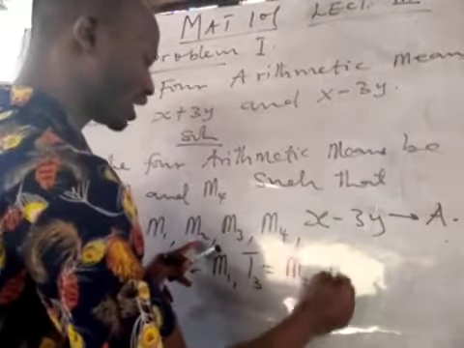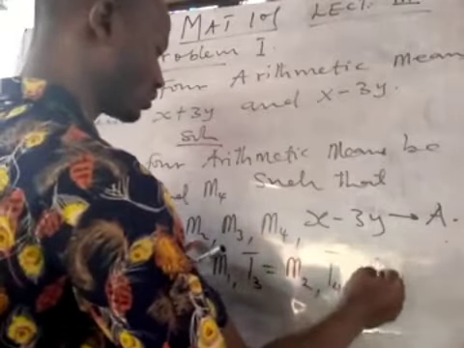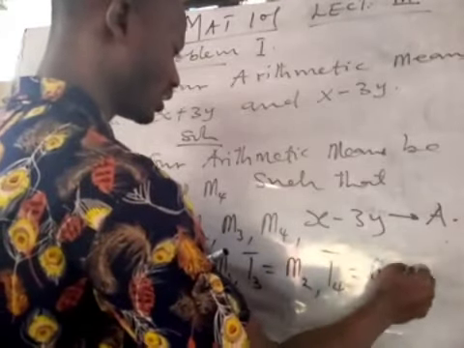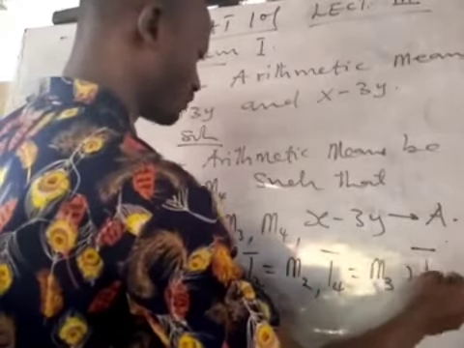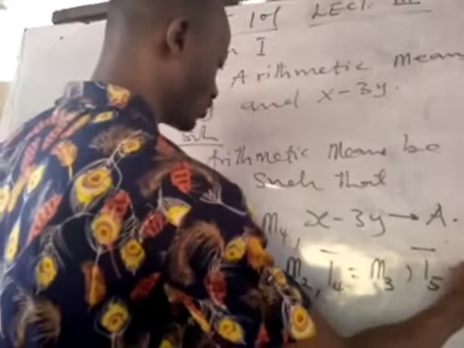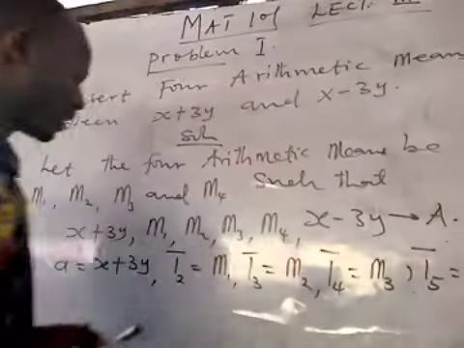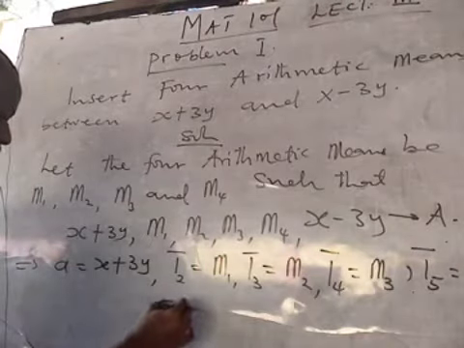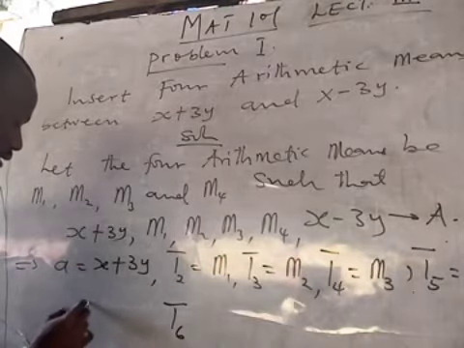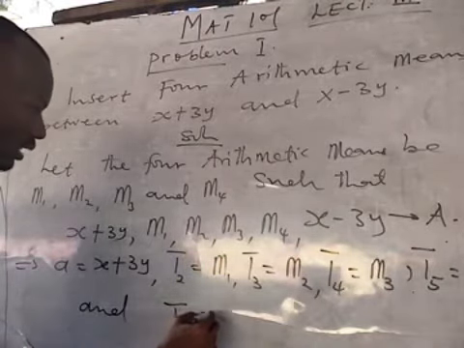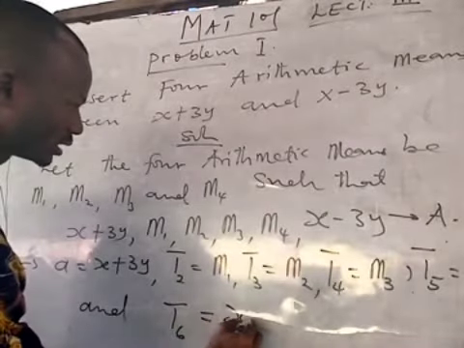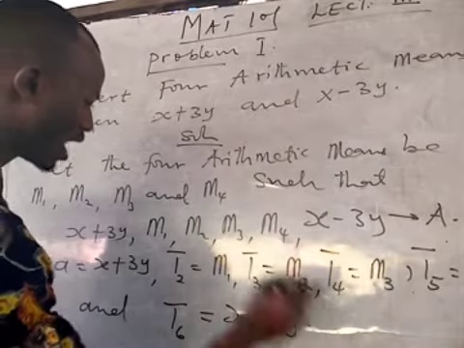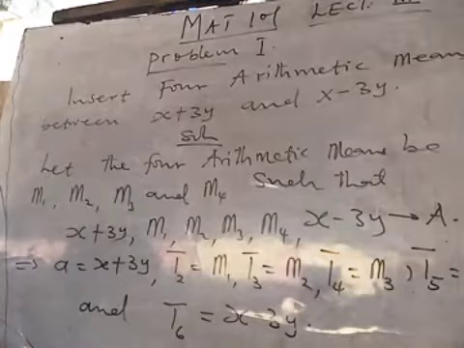The fourth term, t sub 4, is equal to the third mean, and the fifth term, t sub 5, is equal to the fourth mean, whereby the sixth term, t sub 6, is given as x minus 3y. So with all these things, we can now start our solving.